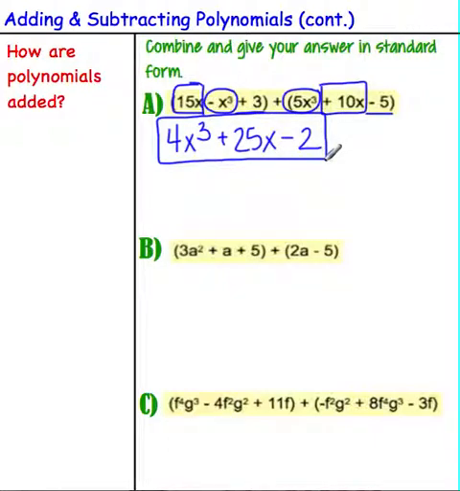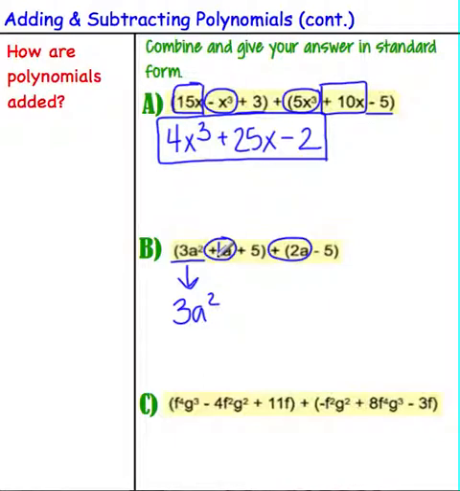Looking at the next problem, we have 3a squared plus a plus 5, plus the quantity 2a minus 5. As you can see, this is the only a squared term, which means I bring it straight down because there's nothing I can combine it with, but it doesn't disappear. Then I have a plus a and a plus 2a, which, remember, if there's no number in front, it's a 1.